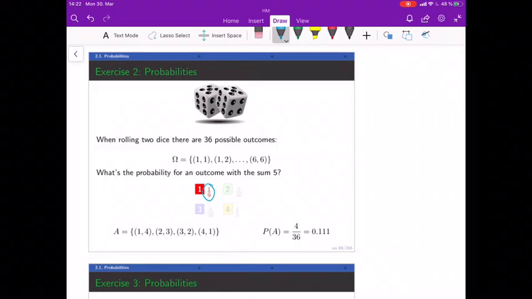We can sum up to 5 with a 1 and 4, or with a 2 and 3, or the mirrored ones, 3, 2 and 4, 1. So there are 4 outcomes that are favorable, and in total we said 36. So the cardinality of omega is 36. 4 over 36 gives us roughly an 11% chance.